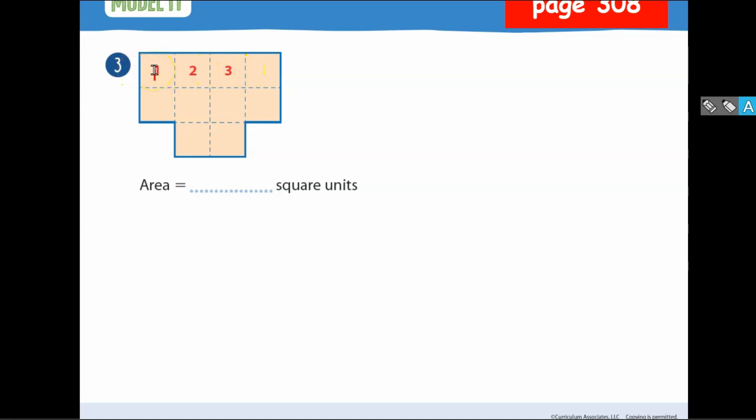So look, we're going by ones. 1, 2, 3, 4, 5, 6, 7, 8, 9, 10. So the area equals how many square units? 10.